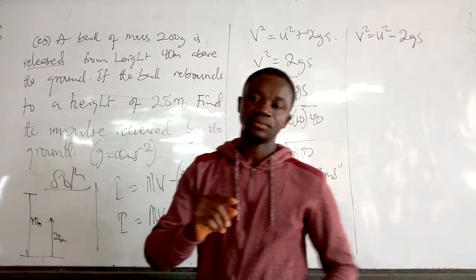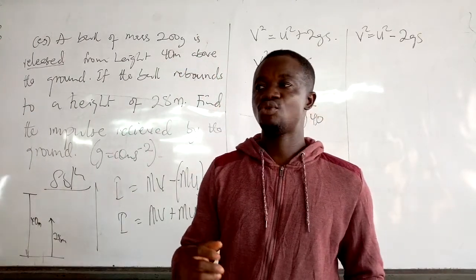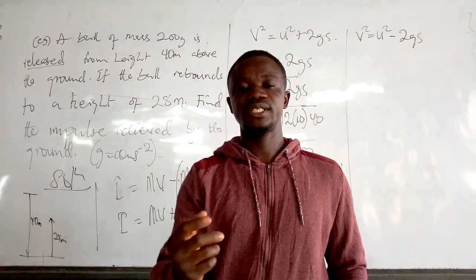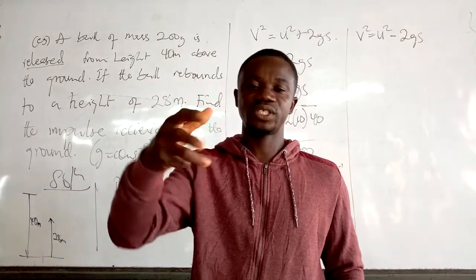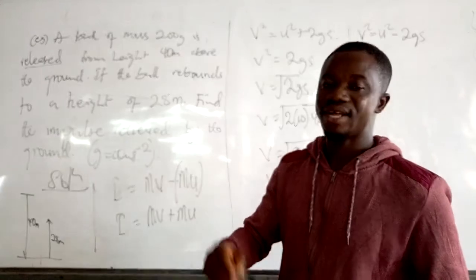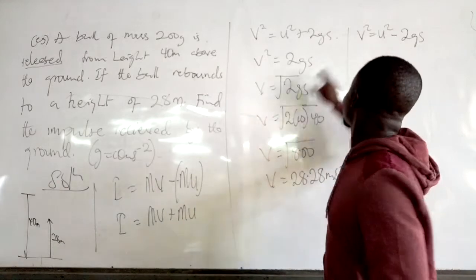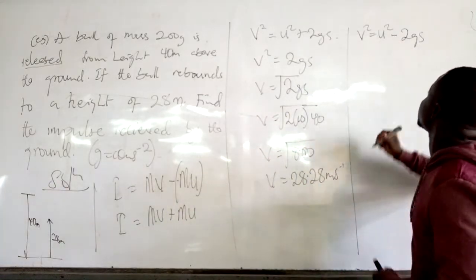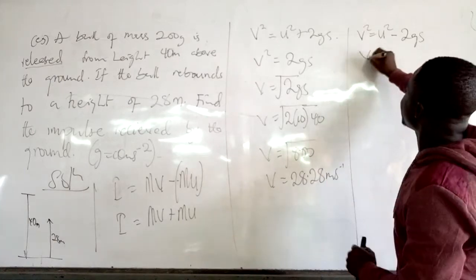And as a body moves up, it moves against gravity, so the motion retards. As the body goes up, its velocity decreases with time. So the acceleration becomes a retardation. That is the reason why the g is negative. At the maximum height, v is equal to 0.